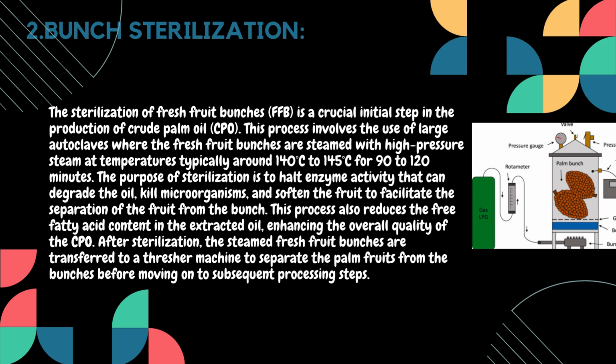The purpose of sterilization is to halt enzyme activity that can degrade the oil, kill microorganisms, and soften the fruit to facilitate the separation of the fruit from the bunch. This process also reduces the free fatty acid content in the extracted oil, enhancing the overall quality of the CPO. After sterilization, the steamed fresh fruit bunches are transferred to a thresher machine to separate the palm fruits from the bunches before moving on to subsequent processing steps.